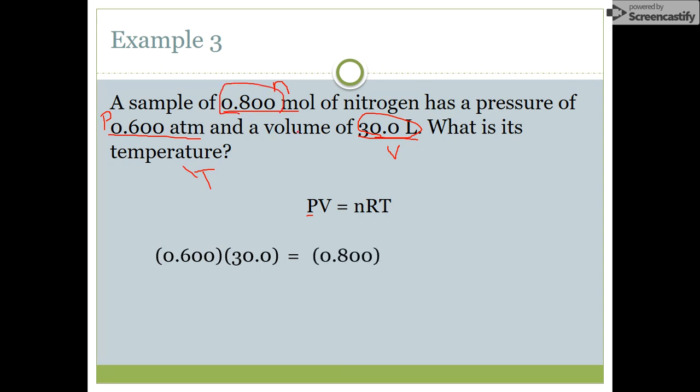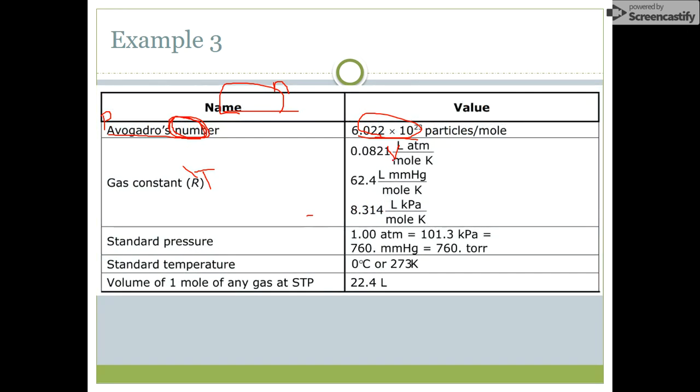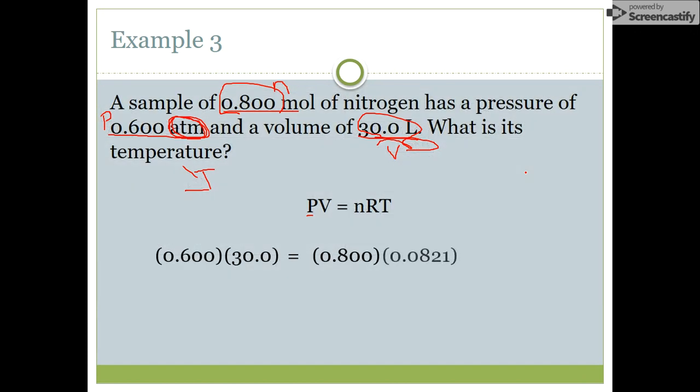The R, I'm going to check with my reference table, and the pressure in the question is in atm. If I look at the gas constant R section, the atm number is 0.0821. And then temperature is what I'm trying to find, so I don't know that part.